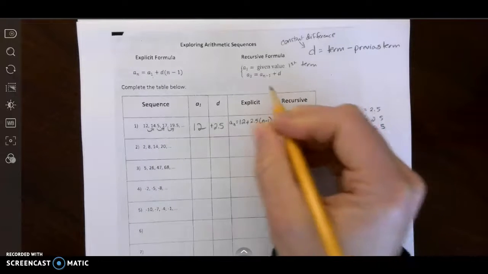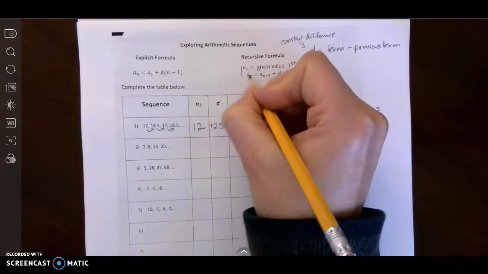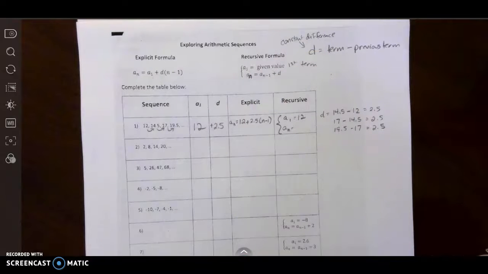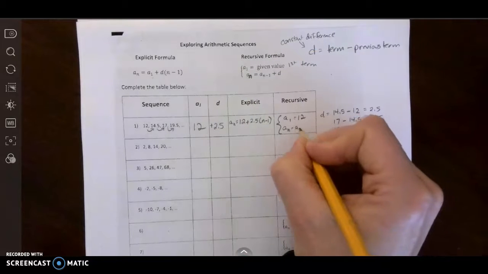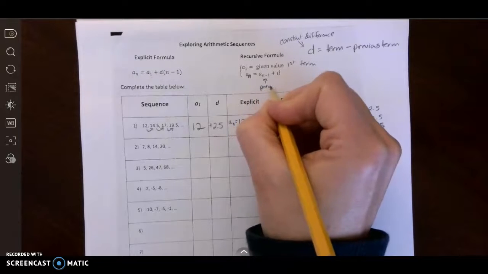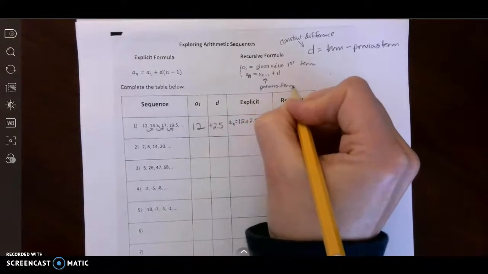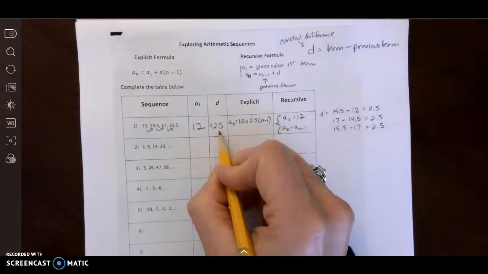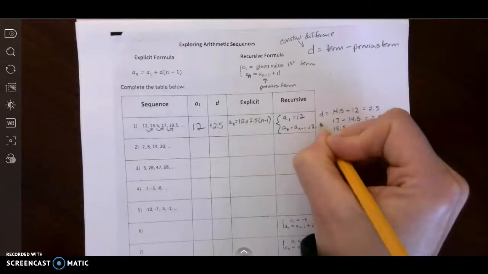And a sub n, this should be an n, by the way, that must be a typo, is a sub n minus 1, which means previous term, plus the constant difference, plus 2.5.